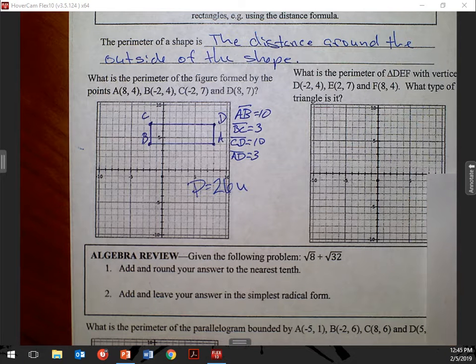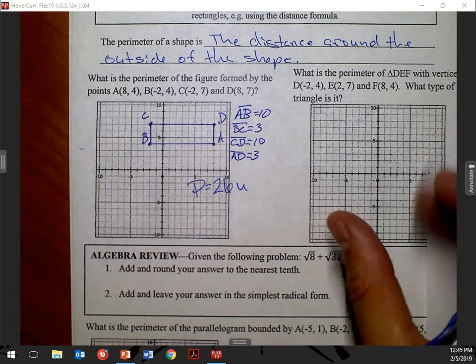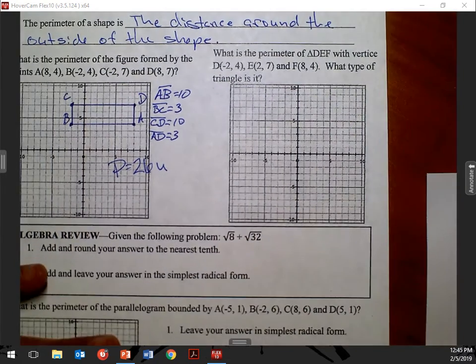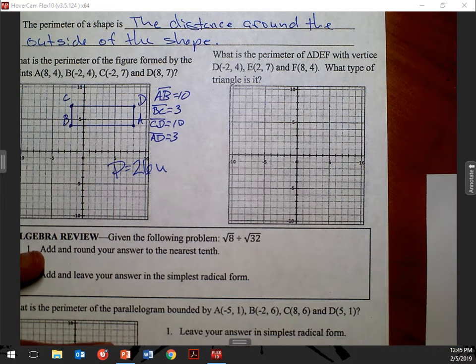Okay. Watch me. Now, we're going to make it a little bit harder. So in this next one, we're going to find the perimeter, and this one's going to be a triangle. So I need to put these points on here.